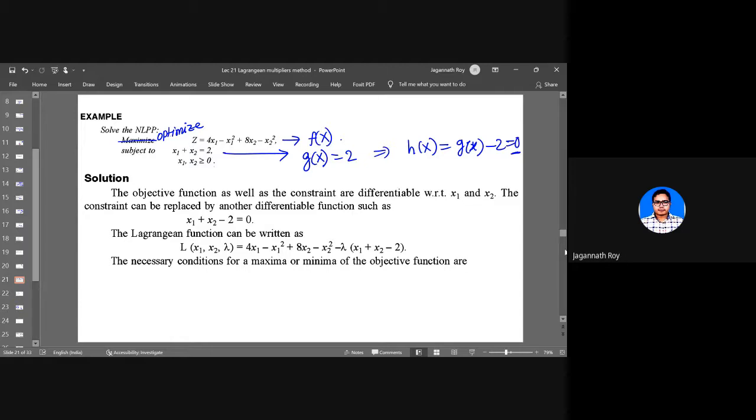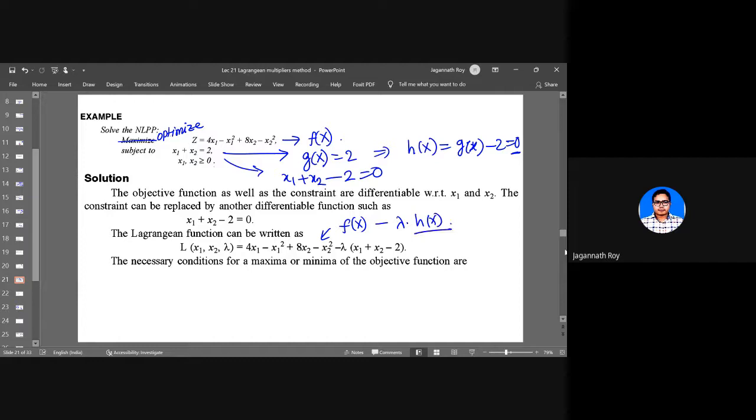So x1 plus x2 minus 2 equals to 0. So L is f of x minus lambda times h of x.